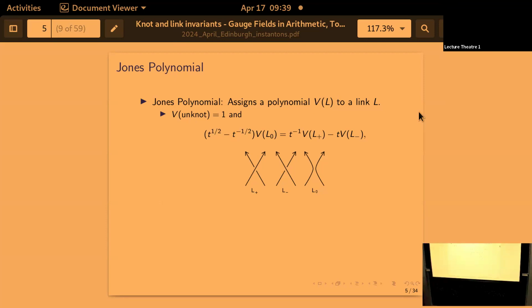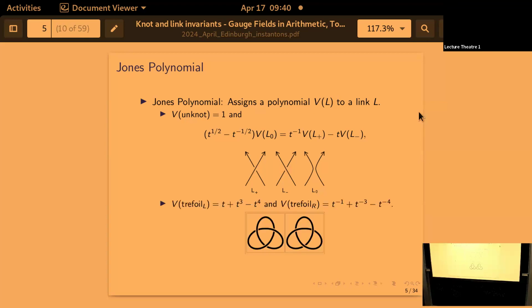And then you have this relation with these three pictures that look like this. Starting with this, and knowing what it is for the unlink, you can figure out what it is on every link.